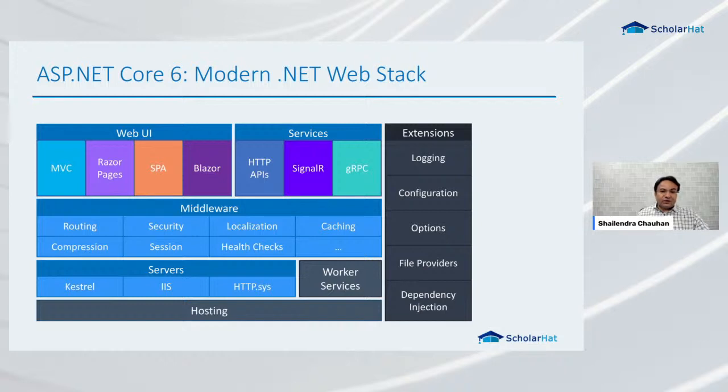These are the core components of ASP.NET Core 6. So you can see ASP.NET Core is not only limited to MVC and Web API. It can be used with Blazor, it can be used with single page applications like Angular and React, and it can be used with gRPC based services as well.